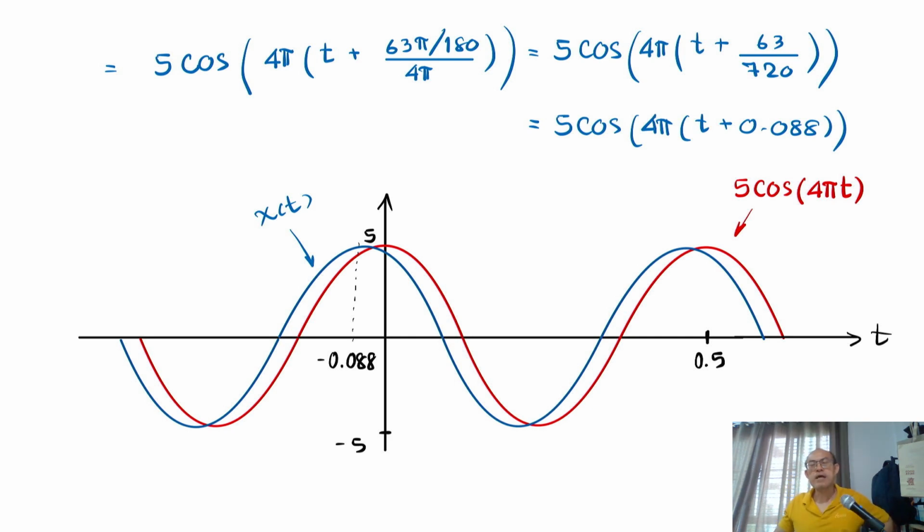Okay, so that's the graph of x. Okay, we kind of use this trick quite often. But the period is still 0.5. 0.088 over 0.5. Yeah, that's about right.